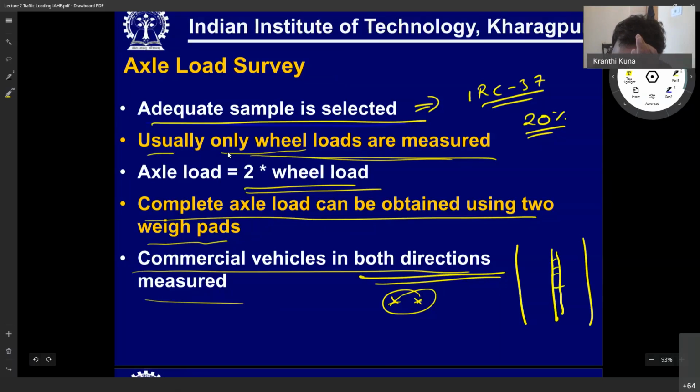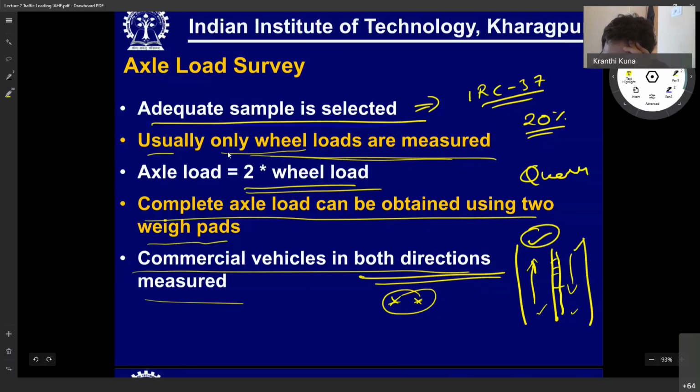So you have a quarry in this direction, and the vehicles go in one direction, and maybe they come back in the other direction. So if you collect data for only this one, what will happen? You get much less axle load weights than the vehicles that are coming from the quarry, because they are coming with the stone. So it is very important to conduct the survey in both LHS and RHS.